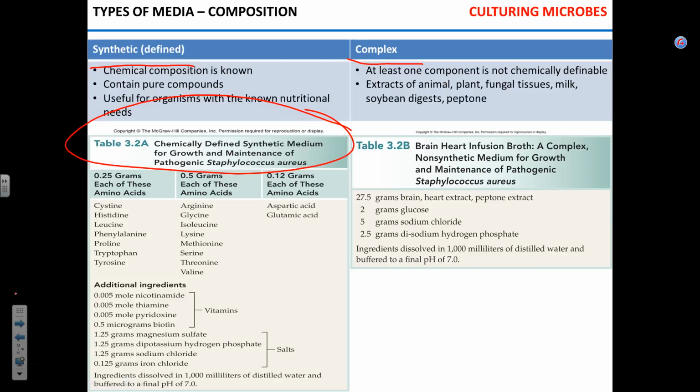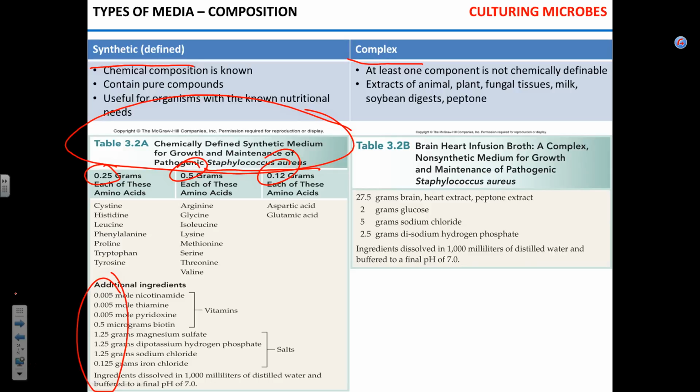You know exact concentrations. Okay, you see? Exact concentrations. Right? So that's your defined. It's convenient to grow organisms that you are familiar with. Like this Staph aureus here, you know its nutritional requirements.